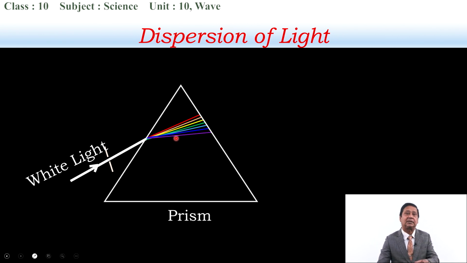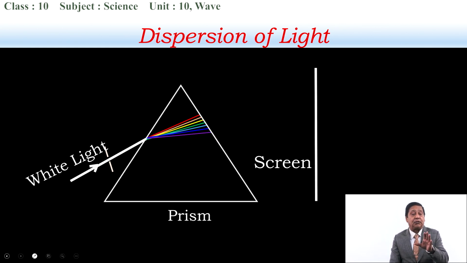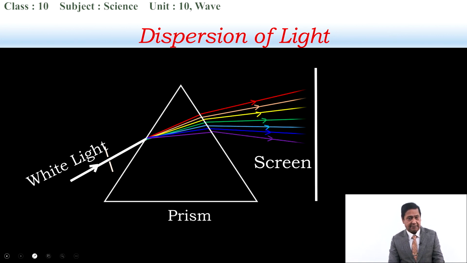This process is actually dispersion, and this practical we can do in a dark room. We must have a room which is dark, and then only we'll be able to see all these 7 different colors. This process is called dispersion of light. And when this ray comes out from the other surface of the prism, it can be made to fall on the screen this way.